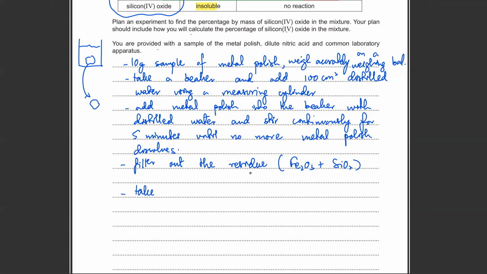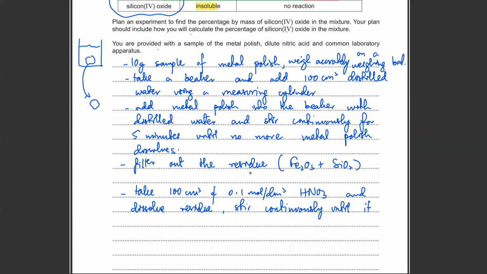Take 100 cm cube nitric acid. Okay, exact, rather than that, let's say 0.1 mole per dm cube. I'm going to tell the concentration as well. And you're going to dissolve the residue. Stir continuously until it stops dissolving.